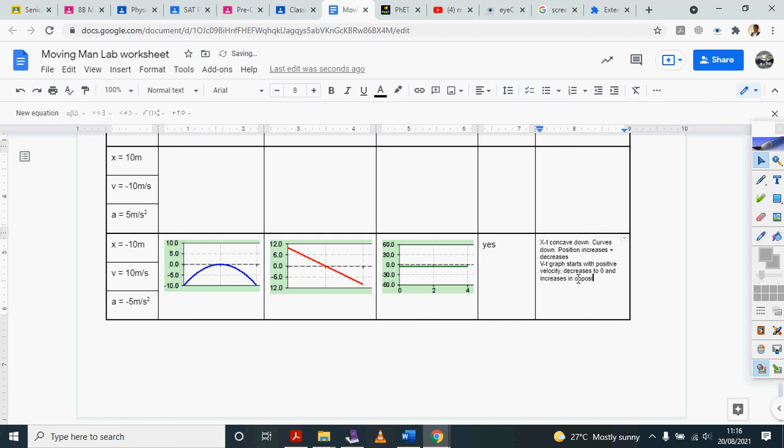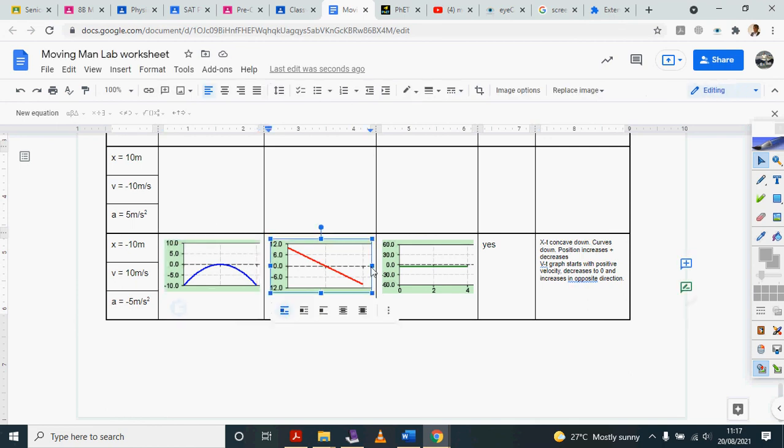Right? Again, the purpose of this whole lab is so you understand descriptions of motion graphs. Because when you see this graph somewhere, and you'll see this graph a lot, immediately in your mind you'll know that this is someone who starts with a positive velocity, their velocity decreases to 0, and then it increases in the negative direction because their acceleration was negative.